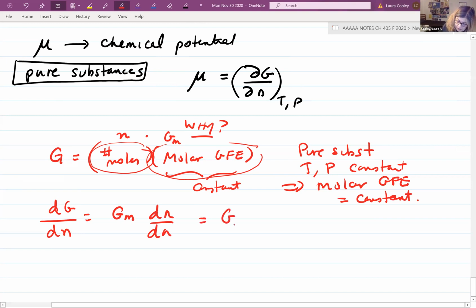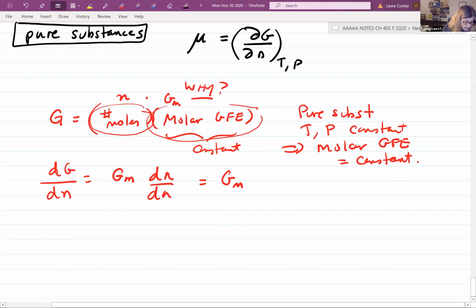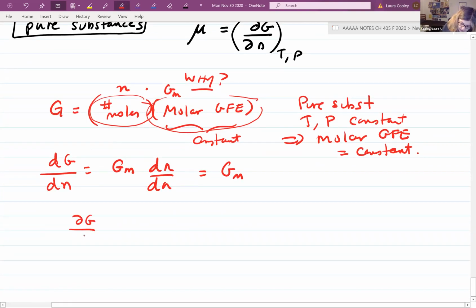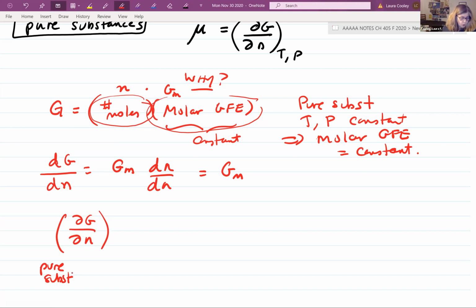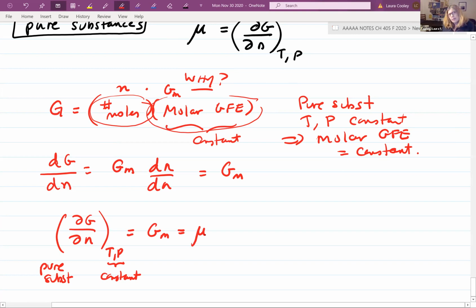So this ends up being the molar Gibbs free energy. So the partial derivative of G with respect to the number of moles, for a pure substance, depends on temperature, pressure, and moles. But we're holding temperature and pressure constant. And when we do that, this is just the molar Gibbs free energy or the chemical potential. So that's it.